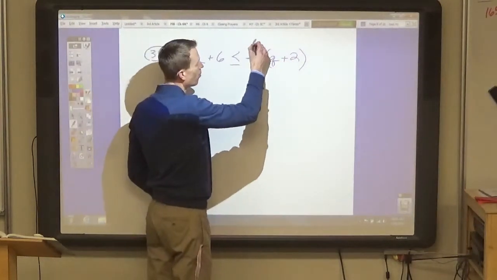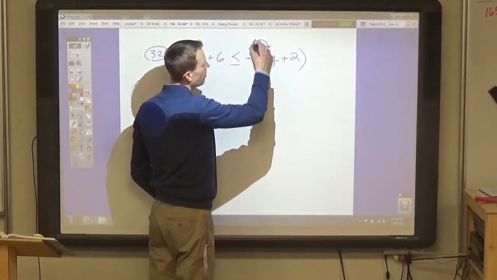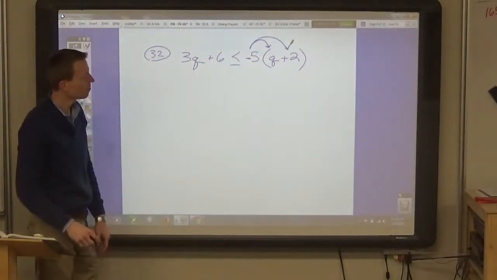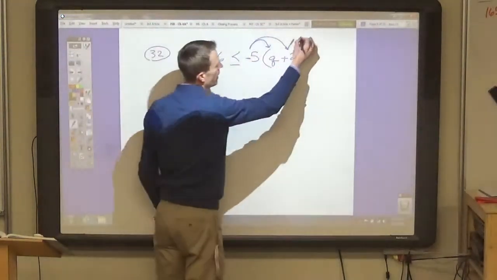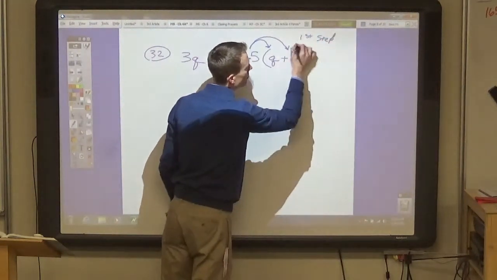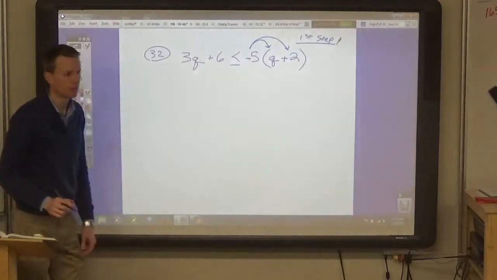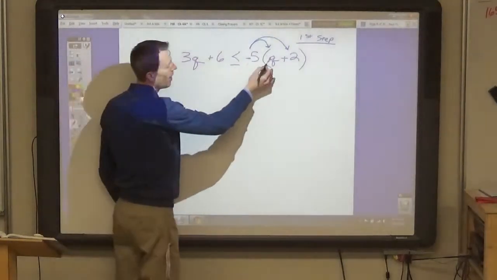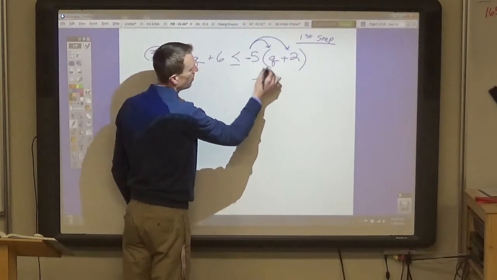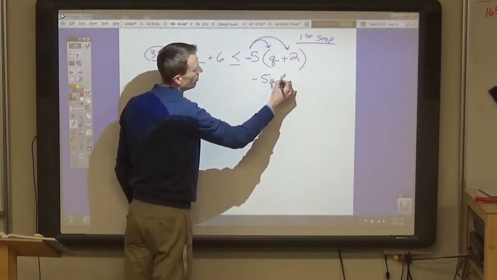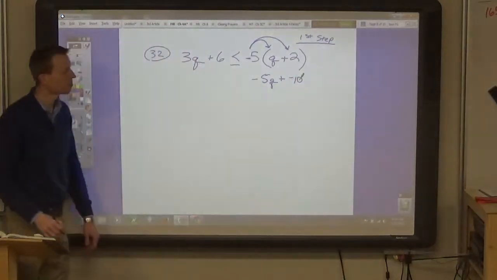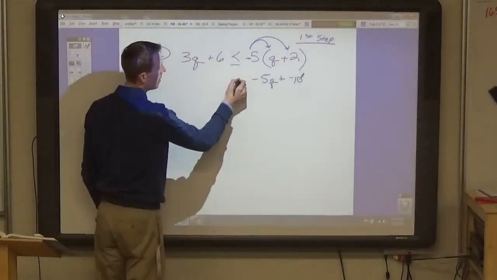So we're going to get rid of the parentheses by multiplying first. Okay? Multiply negative 5 times q, which is negative 5q. Negative 5 times 2 is negative 10. And then bring down everything that's left.